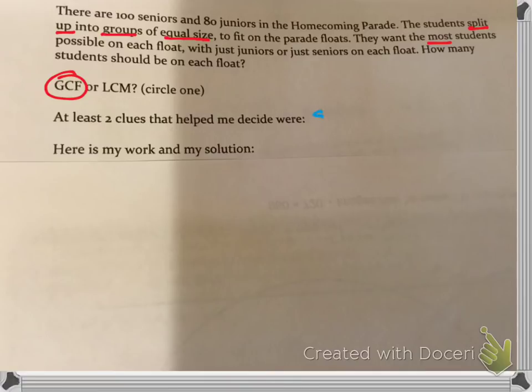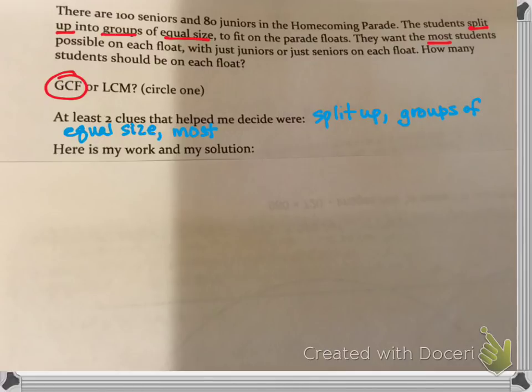We had split up groups of equal size. We had most. Okay, so all of that says for sure that is a GCF.